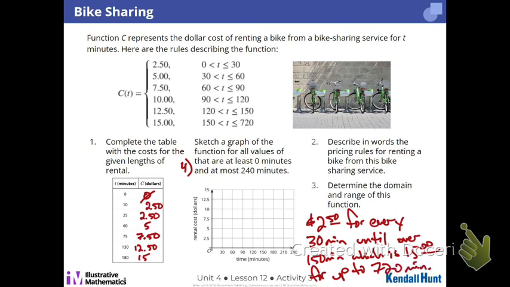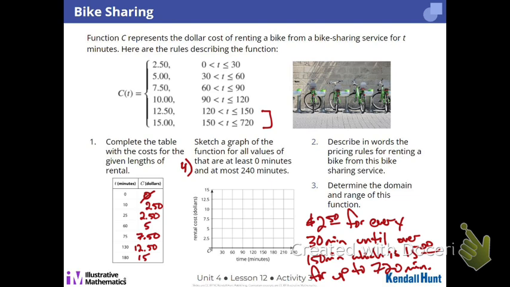So the way we'd explain this is, you're going to rent these bikes from us. It's $250 for every 30 minutes, up to 150 minutes. Once you have passed 150 minutes, it's only $15 total for the rest of the day, up to 720 minutes. Are you guys seeing that gap right here? So it's going by $250 every 30 minutes.